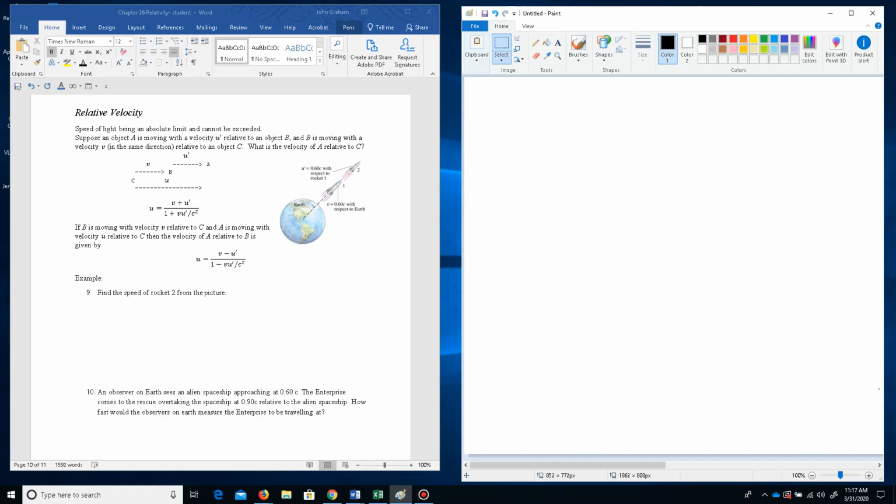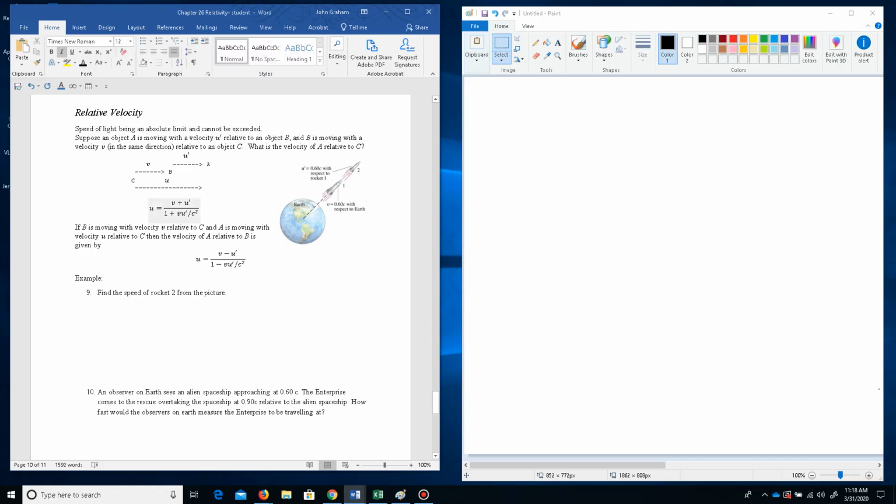And then u would be the speed that this rocket is relative to Earth, right? This is the speed relative to Earth. And then u would be the speed of this missile from the rocket relative to Earth.